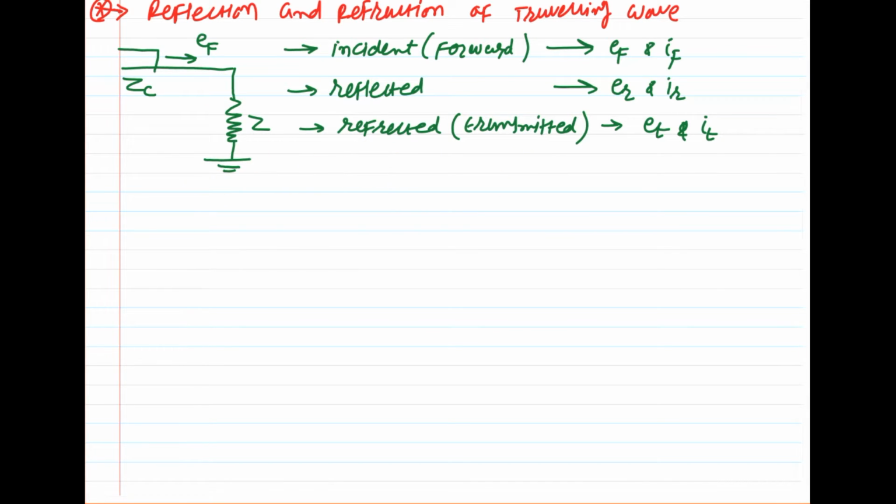So the next is, let us consider the generalized equation of each voltage and current wave in terms of impedance. So for the EF by IF, I can write EF by IF is equal to ZC. Your equation number 1. EF is incident or forward. So the forward voltage divided by forward current gives the characteristic impedance, which is ZC.